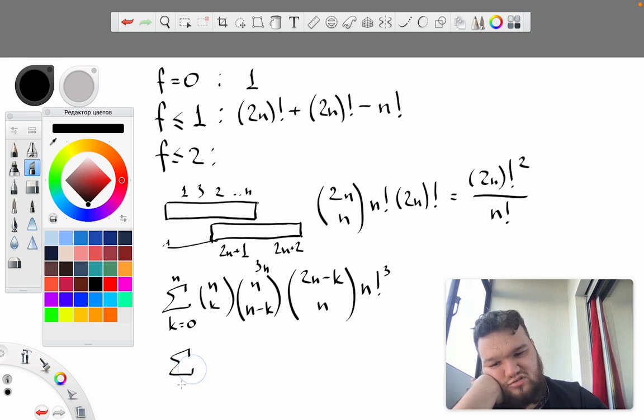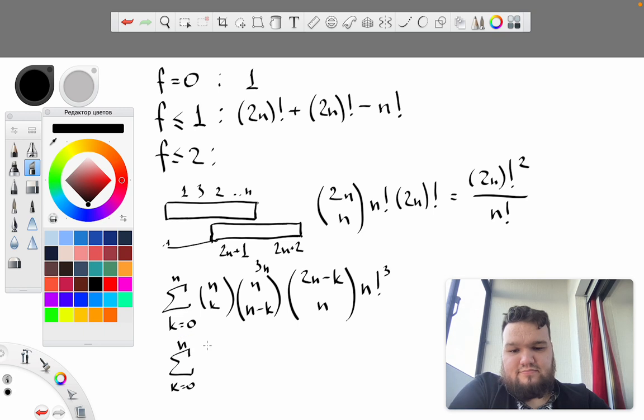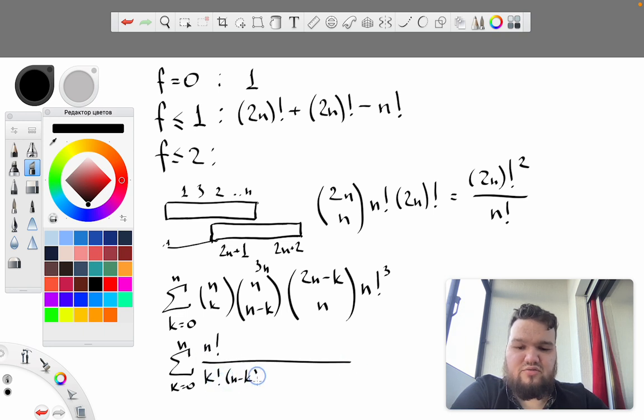Okay, let's try to write this in factorials form. So it will be n factorial here, and k factorial, n minus k factorial. Here is the same thing.